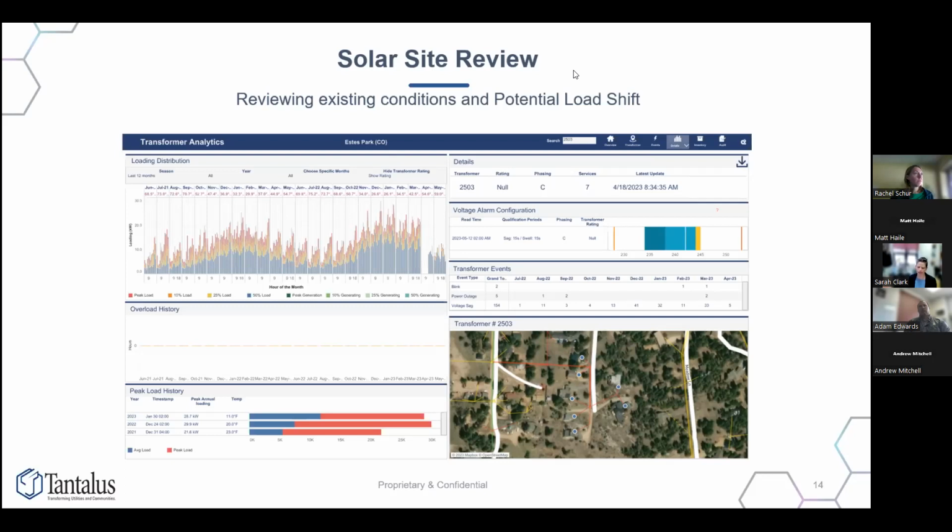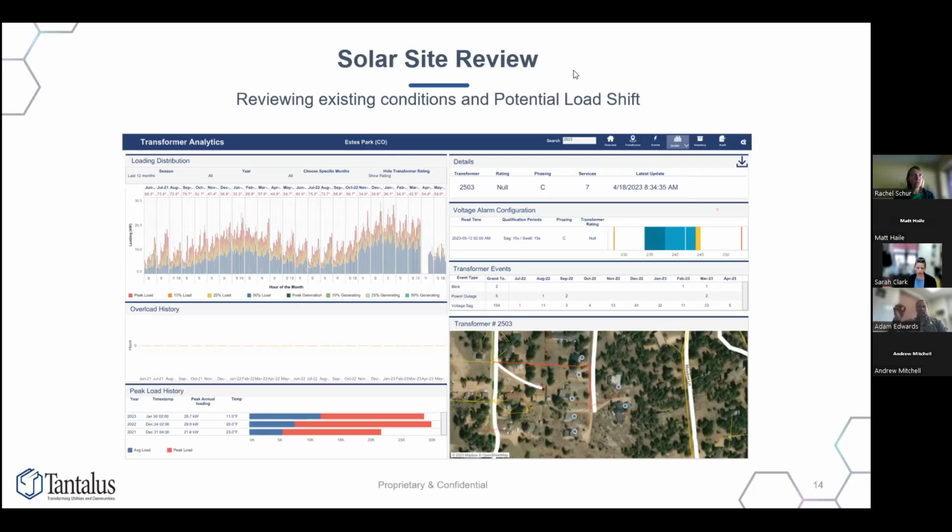But since Estes and our power wholesaler has a 2030 goal of transitioning to completely non-carbon energy resources, we are anticipating a significant increase in the number of residential and commercial solar systems on our system. And the transformer analytics look to be a really great way of getting a baseline before we started seeing an anticipated high uptick in the installation of those solar systems.